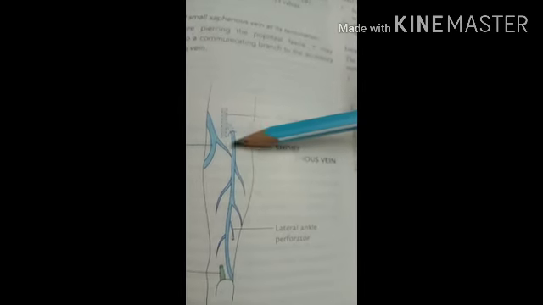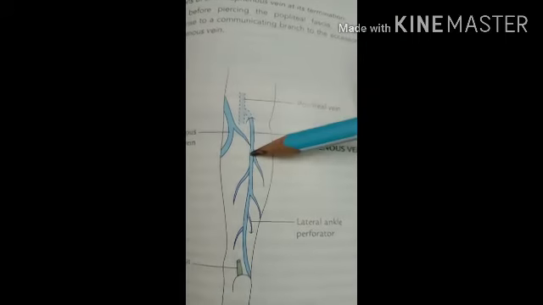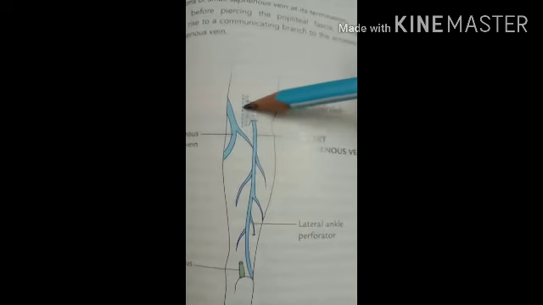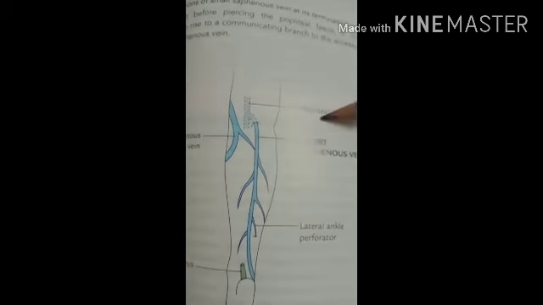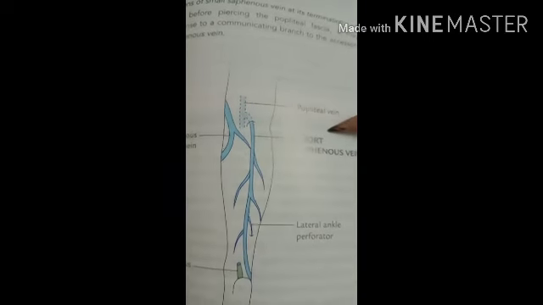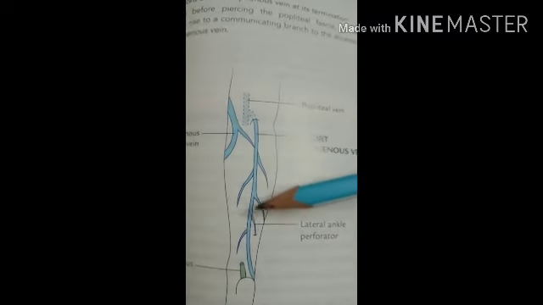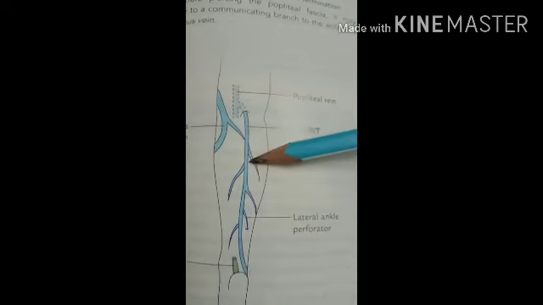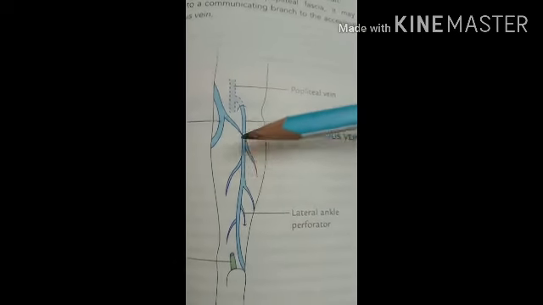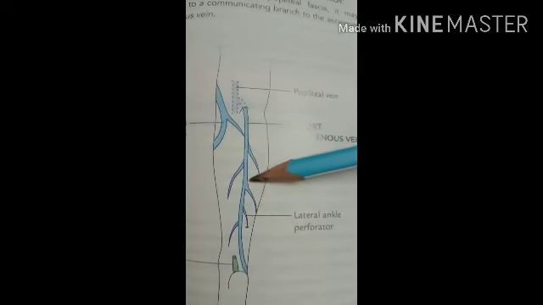So here, okay, until it reaches the middle of the popliteal fossa. Then it turns inward and terminates into the popliteal vein. Here you can see that it turns inward and terminates into the popliteal vein. Okay, so that is the course of the short saphenous vein or the small saphenous vein.